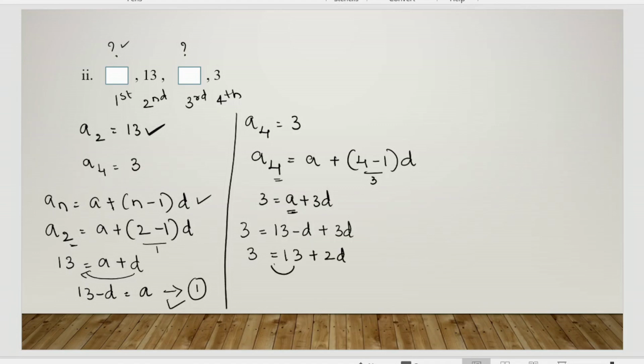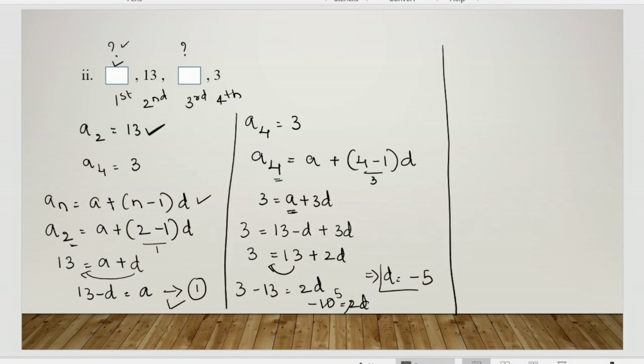I'm just sending this 13 to LHS, which becomes 3 minus 13 is equals to 2d. So minus 10 is equals to 2d, and d is equals to, 2 fives are 10, right? d is equals to minus 5.